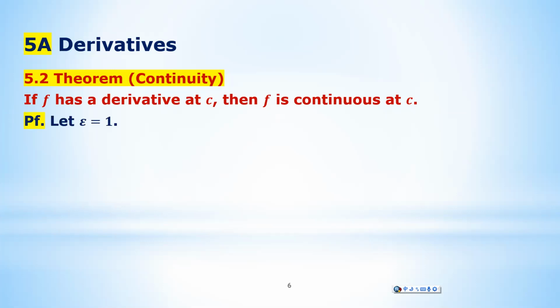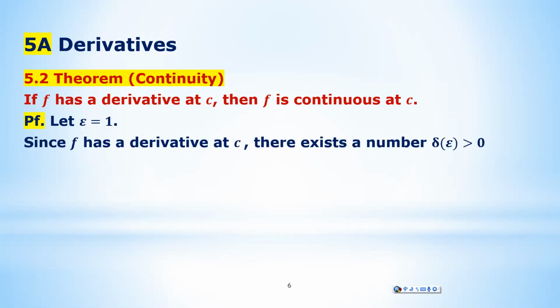So we're going to prove it. The proof is very simple, and at the same time I'm going to review some of the old concepts. Since f has a derivative at c, I can apply the definition. So there exist a delta and epsilon. Now I'm choosing epsilon equal to 1, because in the concept you can choose any epsilon.